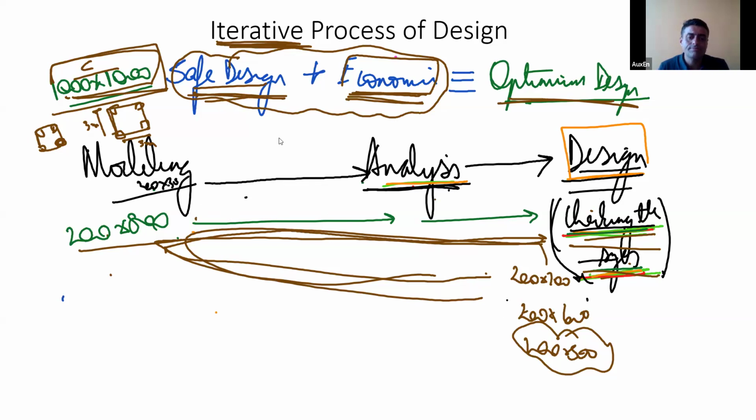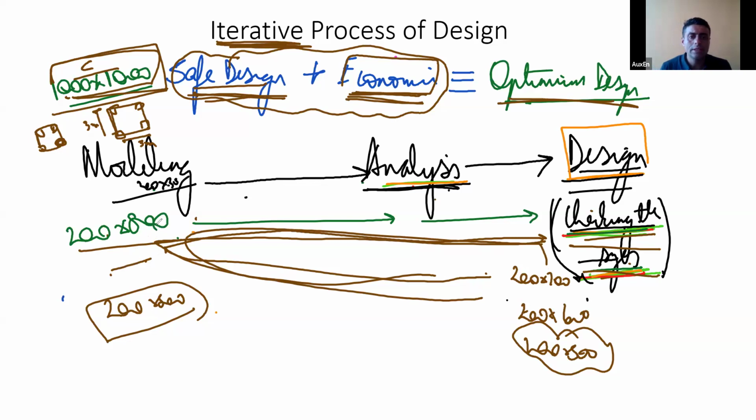My size is safe, or it can run in the different direction also. That means initially I have provided a size which is much safe, over safe, so to say, and then I run this iterative process of design to achieve an optimum size. I reduce the size so that it is just safe and it is economic as well. So this iterative process of design can run in both directions.